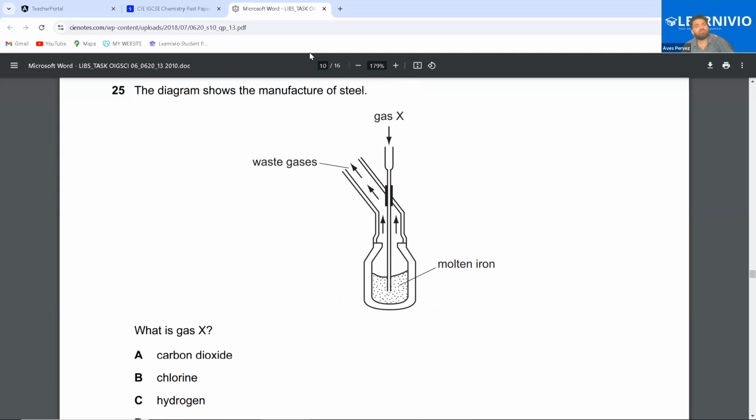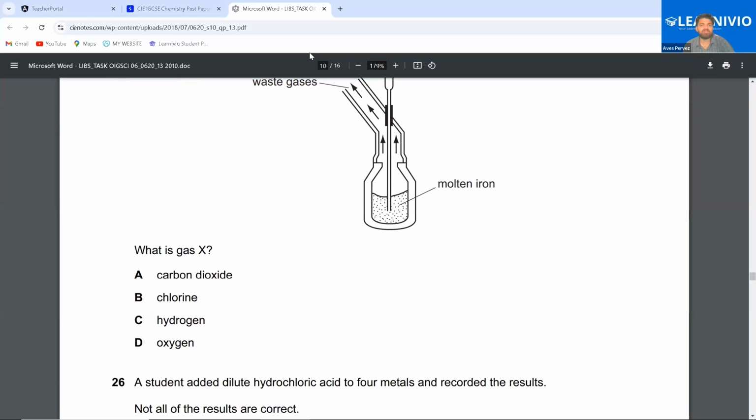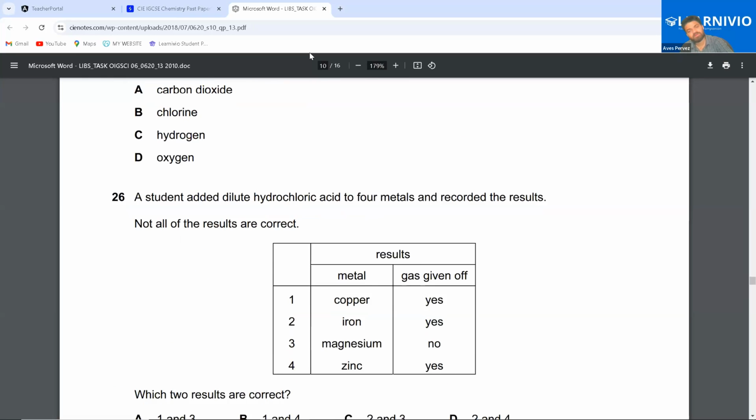Why not? If you are heating the molten iron and passing a gas X to it, it is only given that steel is an alloy of iron and carbon. The process is not given in detail, so they will not ask questions about this.